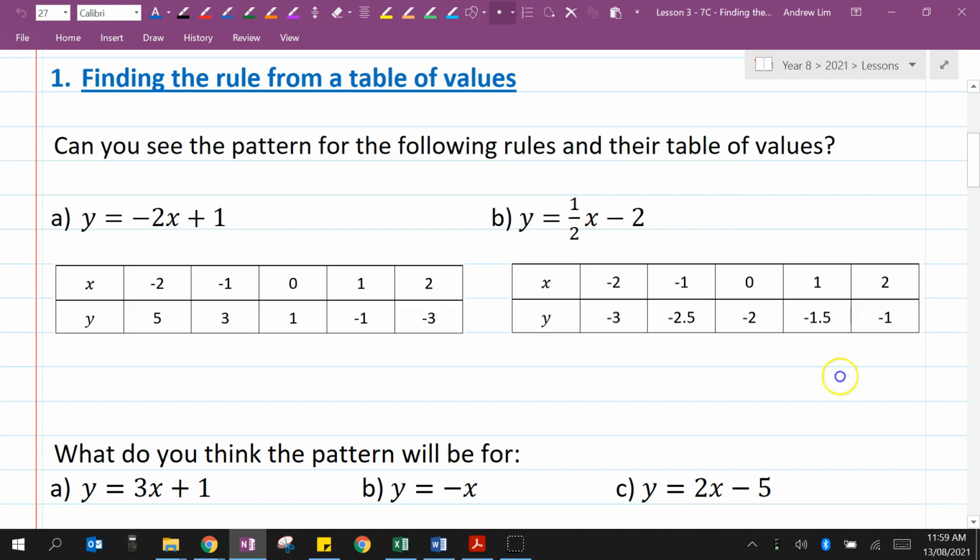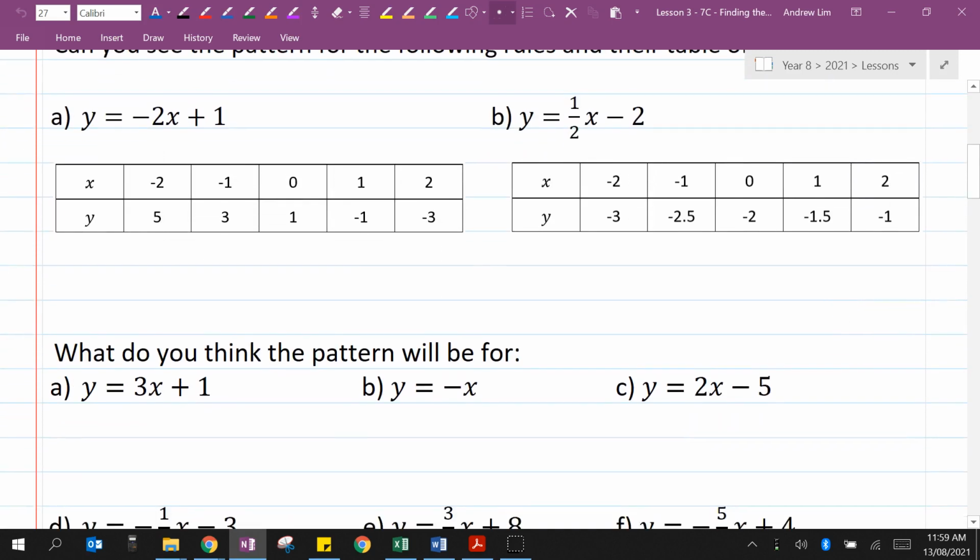Okay, let's have a look at question A. I can see that as the x values go up 1, the y values are going down 2.